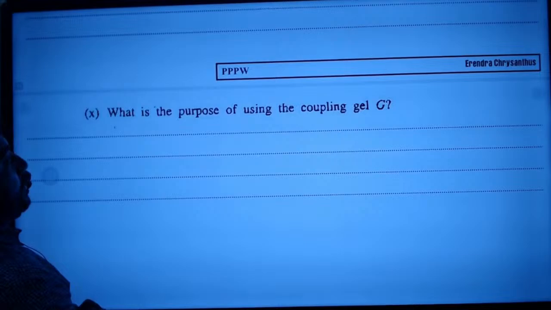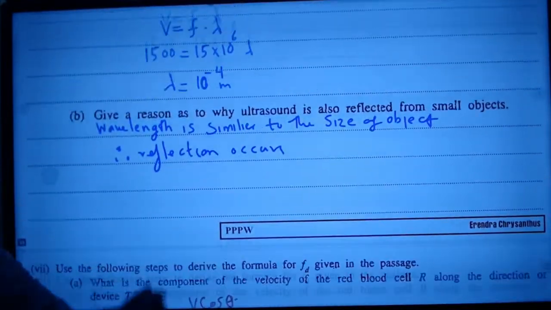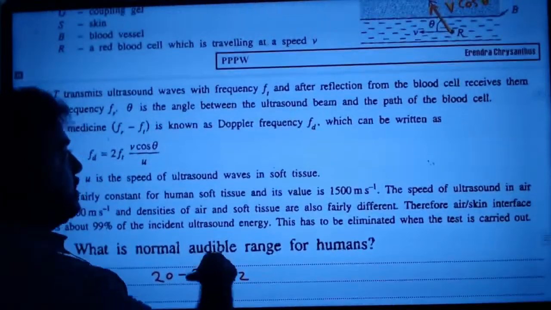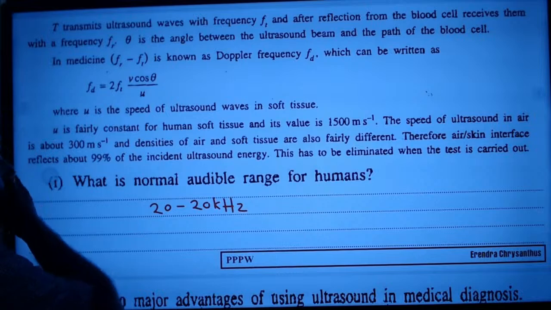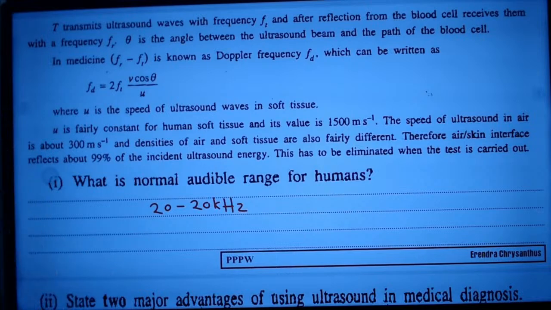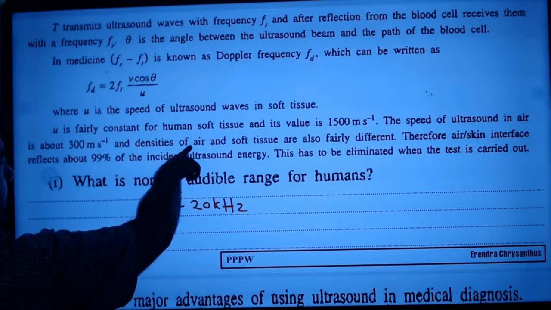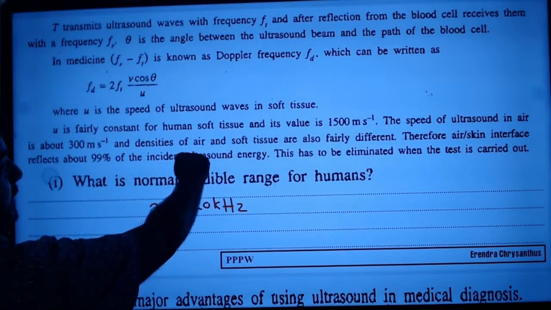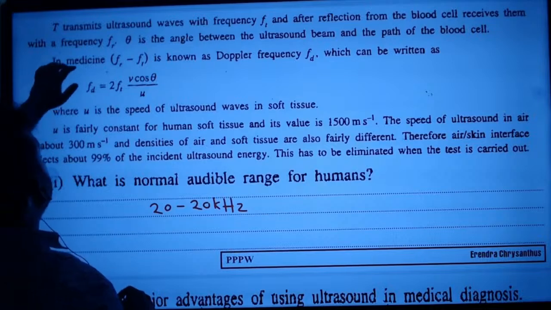What is the purpose of using coupling gel? Now you have seen, if you go for ultrasound, they put gel. What's the reason? Carefully look. Soft tissue is fairly different, therefore the skin interface reflects 99%.